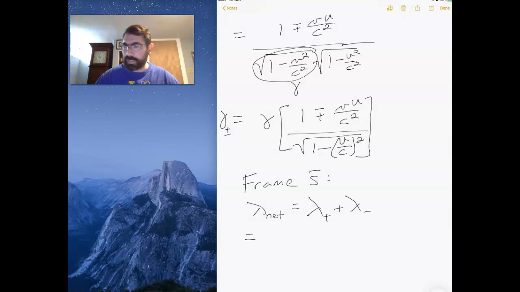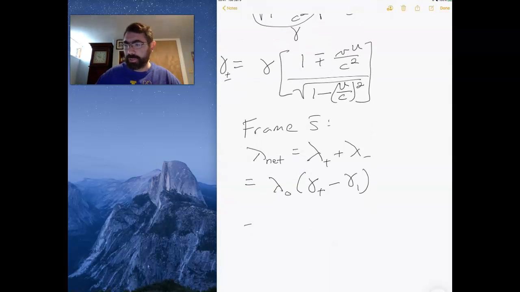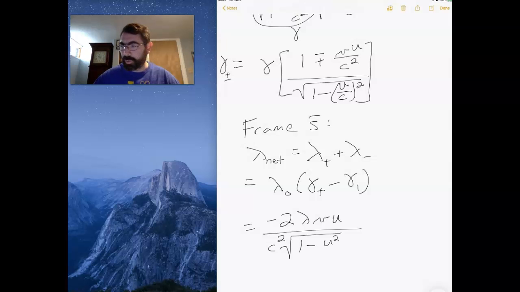And if I put that in, I get the rest charge times gamma plus minus gamma minus. Or if you put in those gamma factors, what you get is minus 2 lambda v times u over c squared, over 1 minus u squared over c squared.